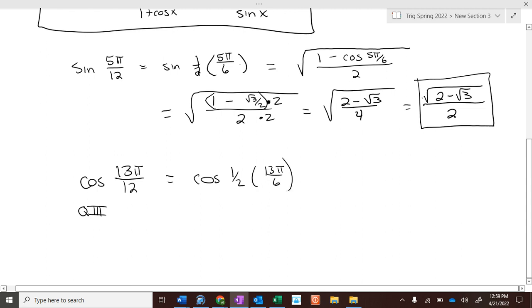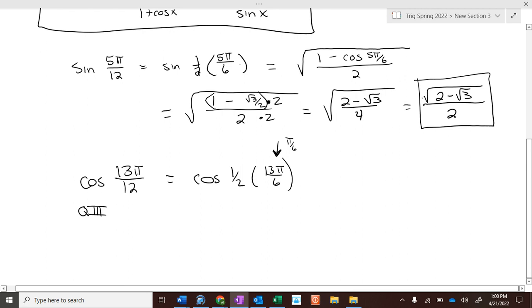All right, now you're going, what's 13 pi over 6? What did we do on the very first day of trig class? We got our books. After getting our books, well, we found coterminal angles, right? Very first thing we did, coterminal angles. What's coterminal with 13 pi over 6? 1 pi over 6. So this is the same as cosine of 1 pi over 6.